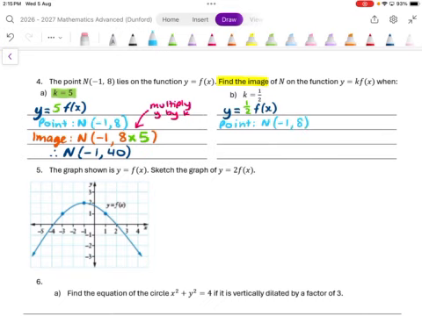To get to our image, we multiply our y value by a half. So N is negative 1, 4, because half of 8 is 4. Does that make sense? That's pretty straightforward, hopefully.